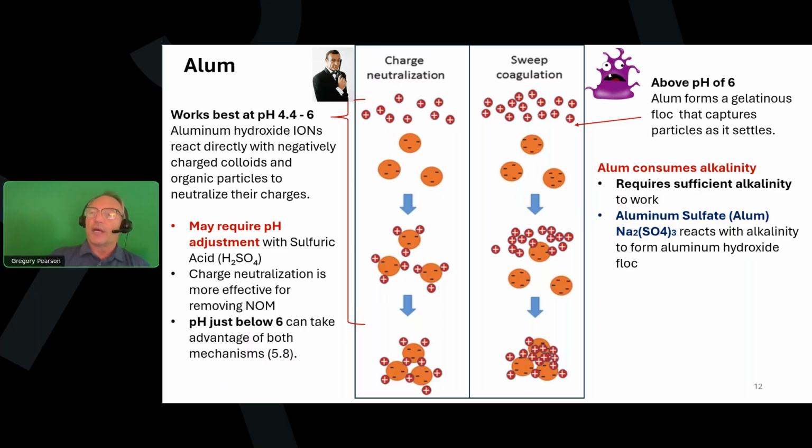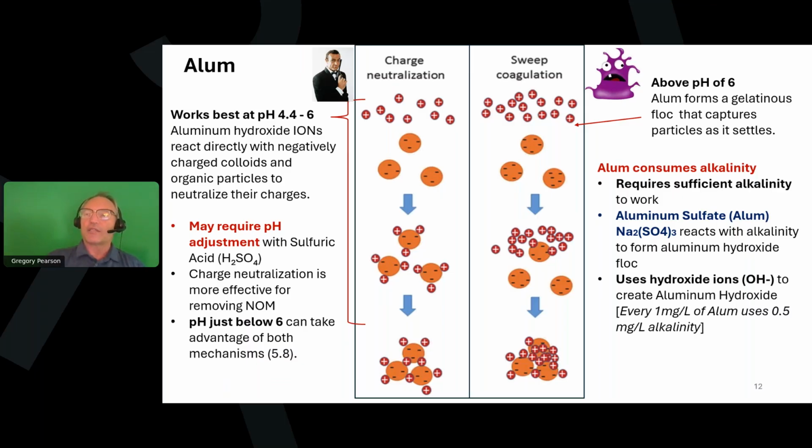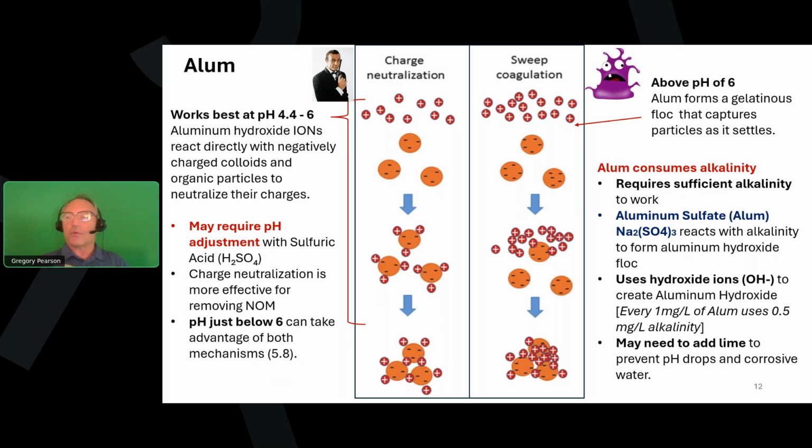So it reacts with the alkalinity to form aluminum hydroxide, and it uses up alkalinity. And so if you don't have enough alkalinity in the water, you could have some pH drops, you could have corrosive water, so you might need to add lime.